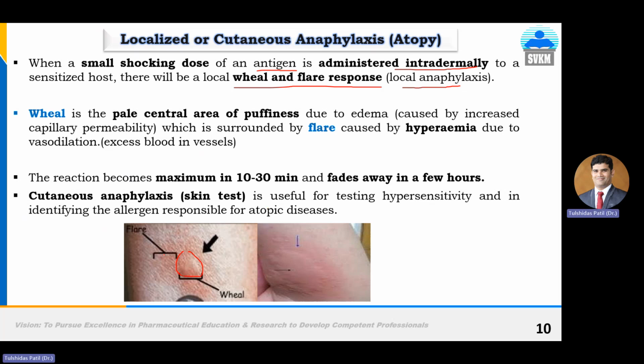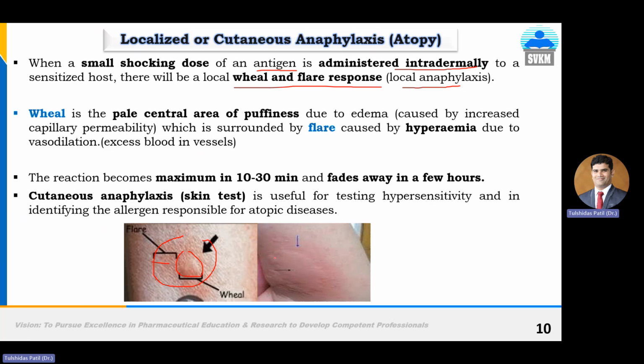and this wheal is surrounded by the flare. Flare is nothing but hyperemia, which means there is excess blood flow within those vessels. So we notice this wheal and flare response: the pale central area of puffiness surrounded by the flare, which is caused by the excess blood flow.